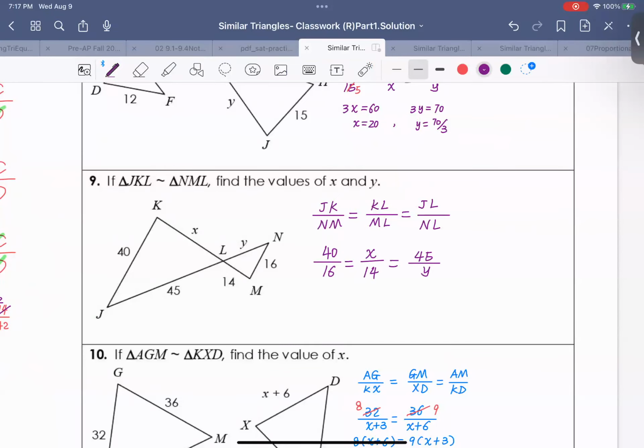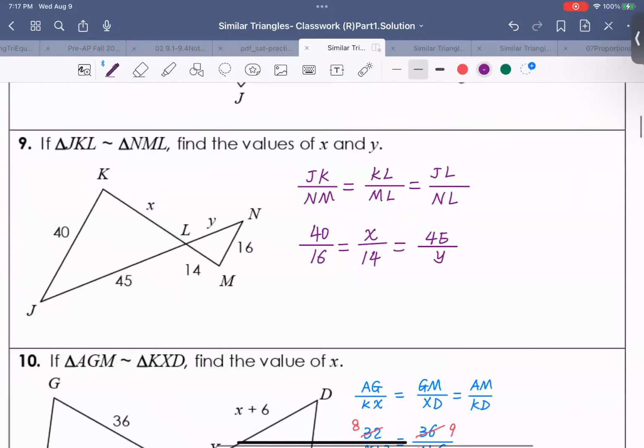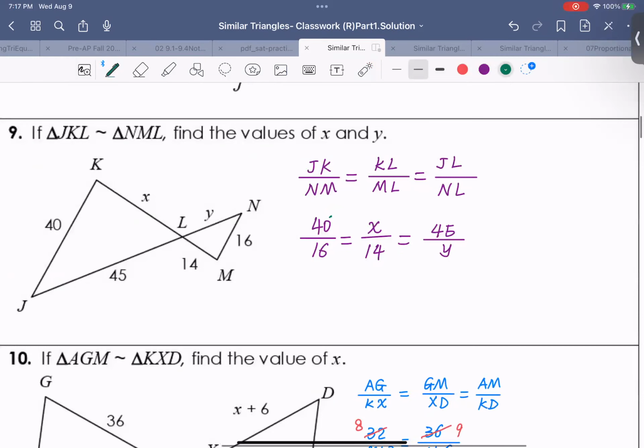Yes. Now we want to simplify this part first, okay? 40 over 16 can be cancelled to be who? 5 over 2. So you divide by 8, so this is 5 over 2.